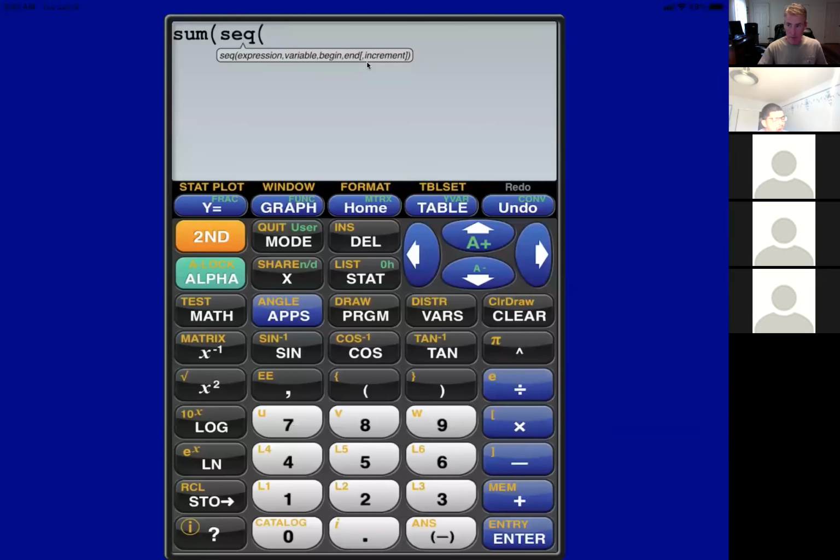And number 5 is the sequence. The delta x was 0.2, and then times the square root of x, comma, x is the variable. And then the first one was 0.1, and the last one was 3.9. And then delta x is 0.2.